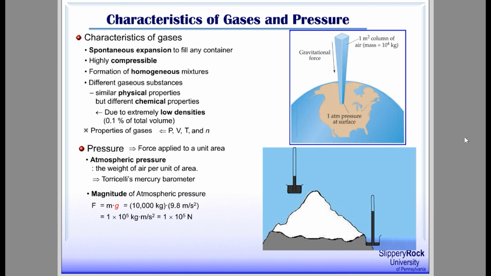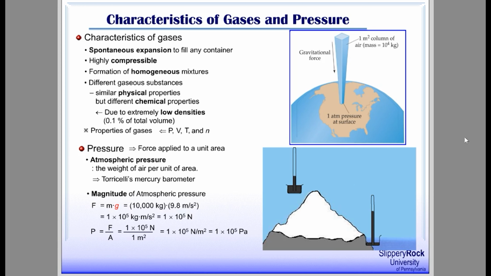Since the pressure is defined by force over area, the pressure of the air column is 1 times 10 to the 5th newtons divided by 1 meter squared, which is equal to 1 times 10 to the 5th newtons per meter squared, or 1 times 10 to the 5th Pascal.